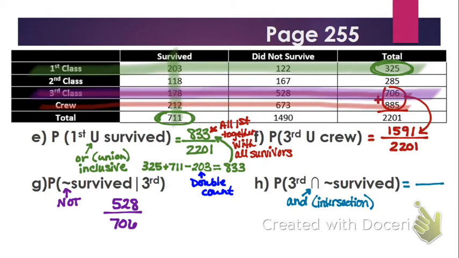How many third class passengers did we say did not make it? 528 out of what? 2,201. Notice my numerators on these two are the same because the numerators are those intersections. Here I'm saying I already know they're a third-class passenger. That's why my denominator is not the grand total. So far, so good? Cool.